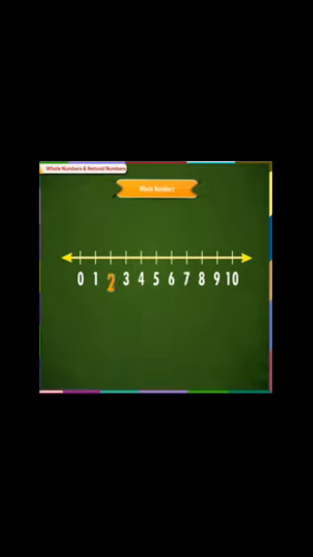Let us revise natural numbers and whole numbers by comparison in a tabular form. Every natural number and whole number has a successor. There is no natural number whose successor is 1.